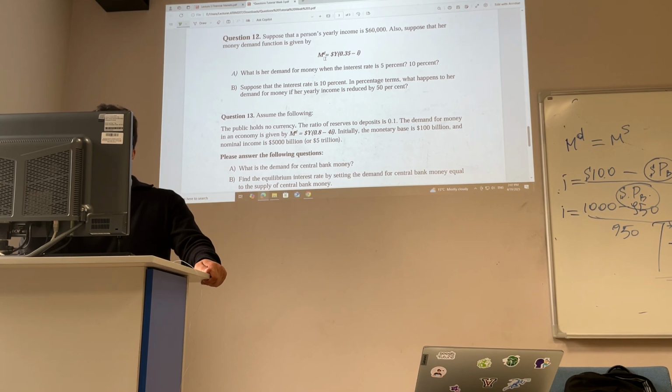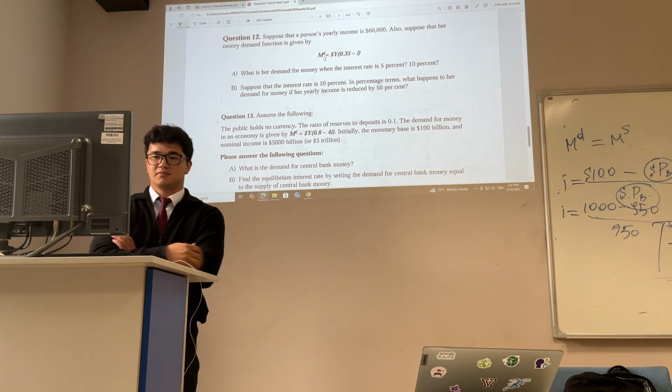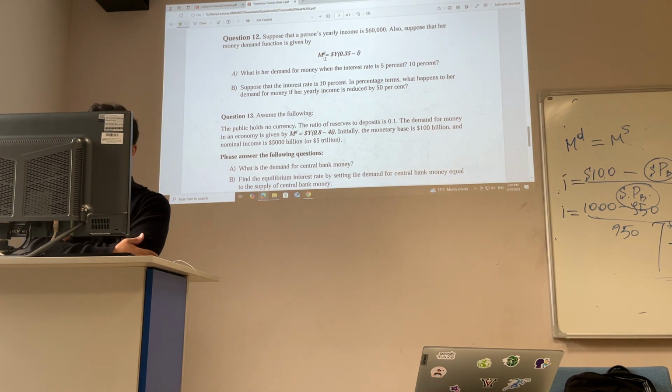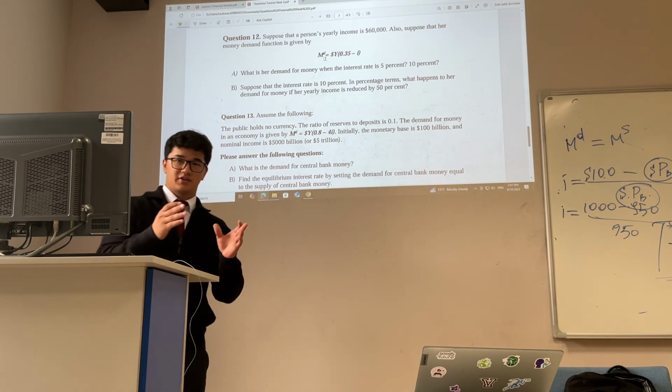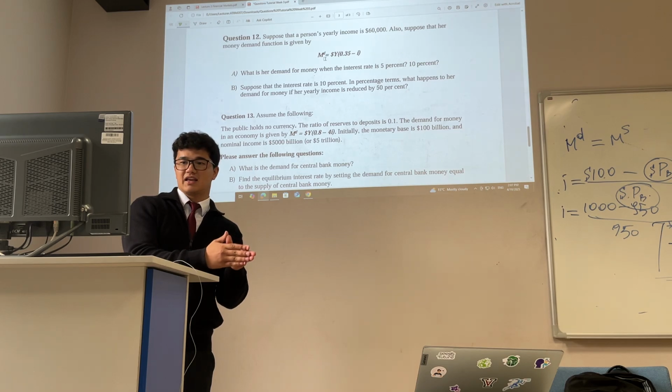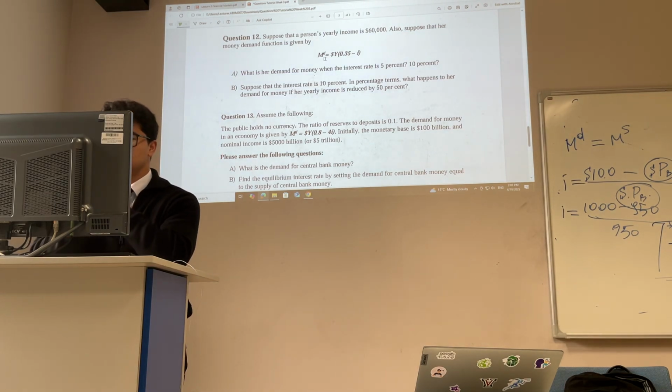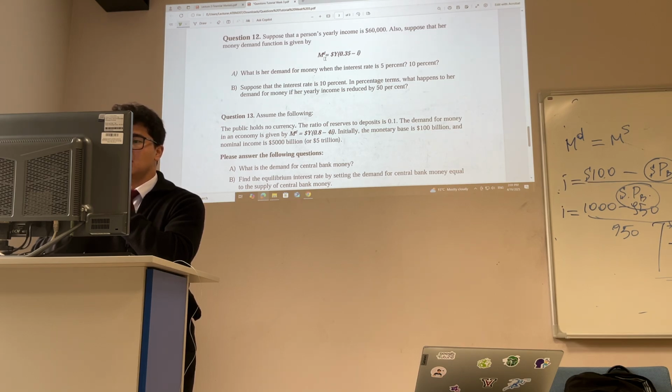That's your interpretation. First you calculate, then you say that if her yearly income is reduced by 50%, her demand for money is also decreased by 50%.